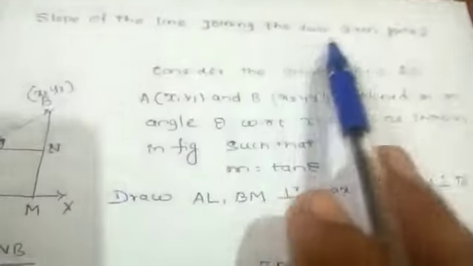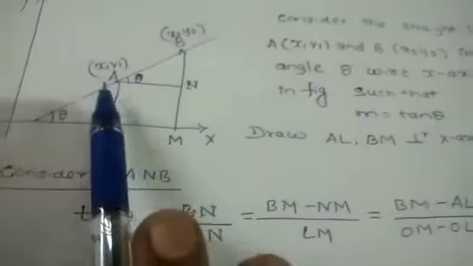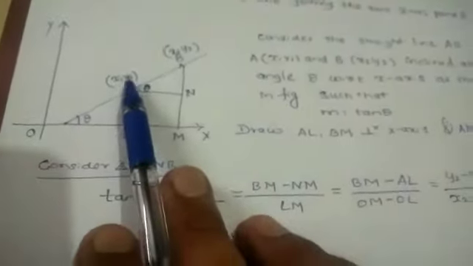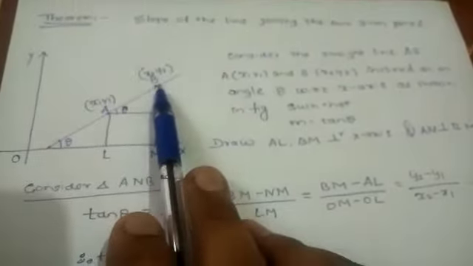Okay, consider an important theorem, that is, the slope of the line joining the two given points. Here we have to find the slope of the line joining the two given points x1 y1 and x2 y2.